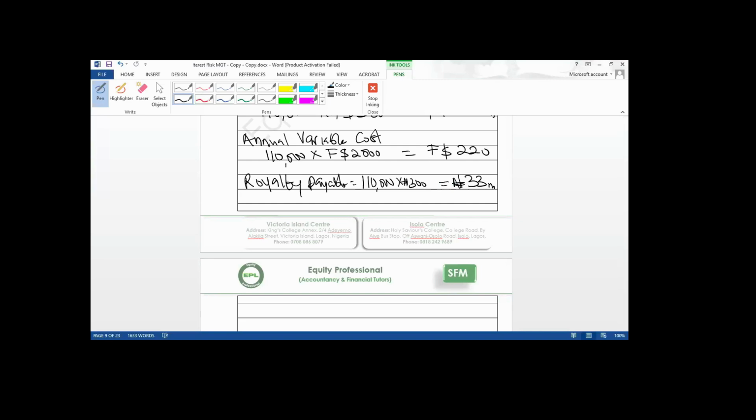Now there's a challenge. Annual variable cost is in dollar. Annual revenue is in dollar. But this royalty payable is in naira.